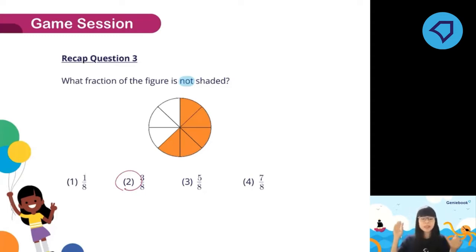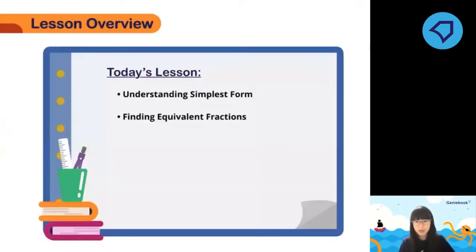Okay. So far, the first 3 questions over here, we are doing a recap on what you have learned in P2. So today in P3 fractions, we are going to learn something a little bit different, okay? Understanding what simplest form means, and of course, how to find equivalent fractions. Do you guys already know what simplest form means and what an equivalent fraction means?